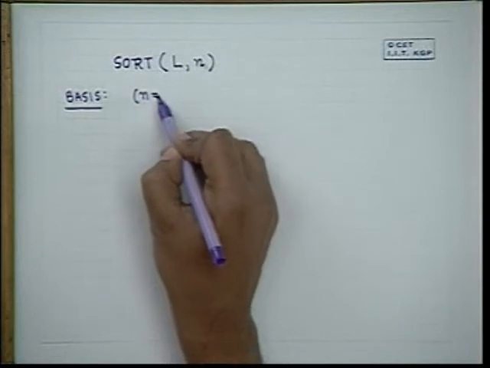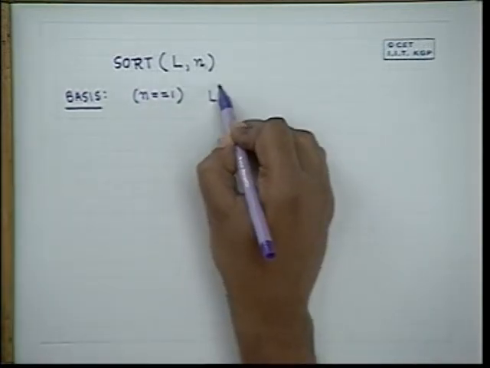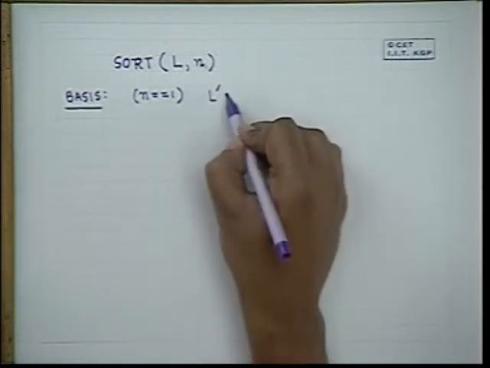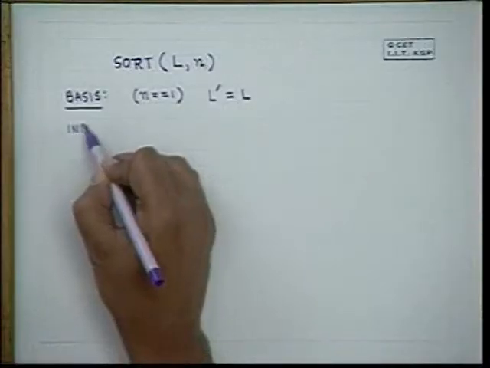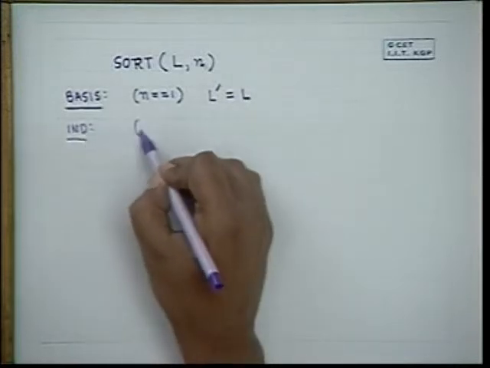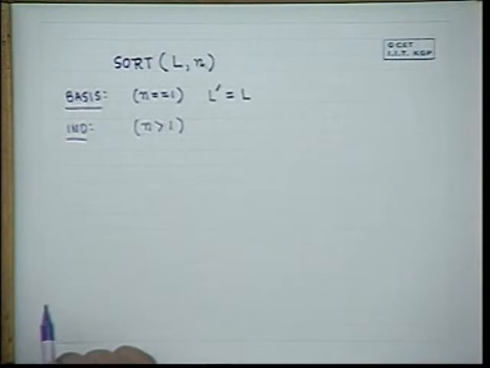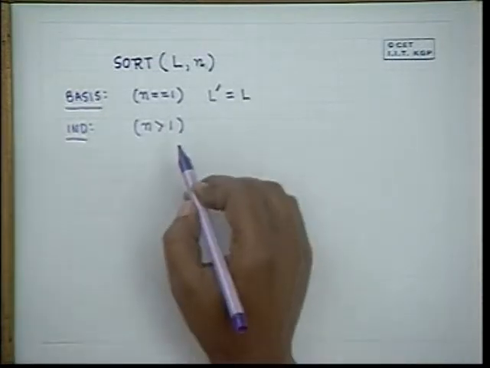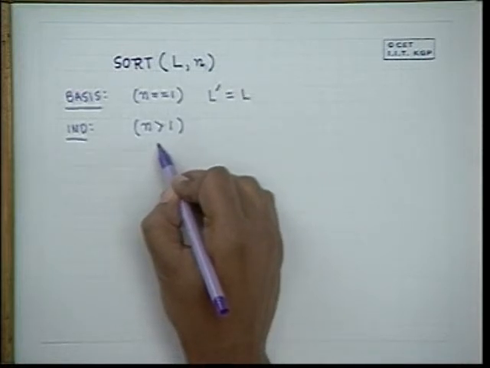If n is equal to 1, then L dashed, which is the sorted list, is equal to L. The other, inductive condition, when n is greater than 1, we apply the following steps.